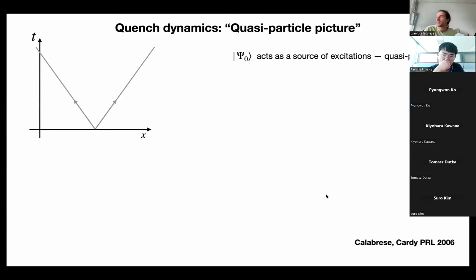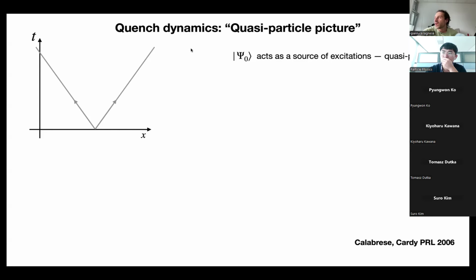What I'm going to explain is the so-called quasi-particle picture, for models where you can find well-defined quasi-particle states, which in our case are the domain walls that I described at the beginning, basically well-defined modes with a certain dispersion relation.